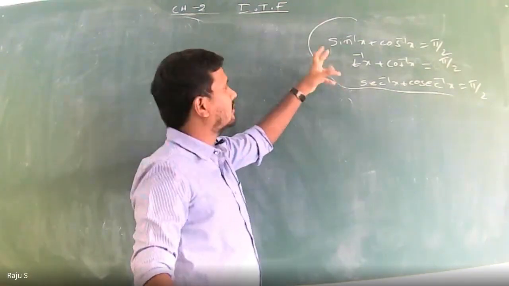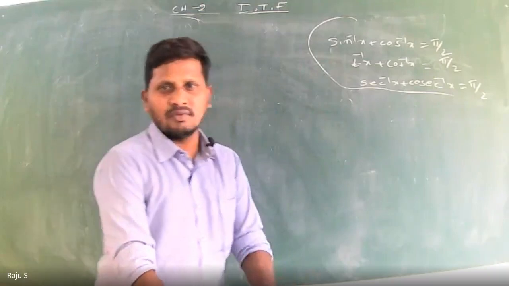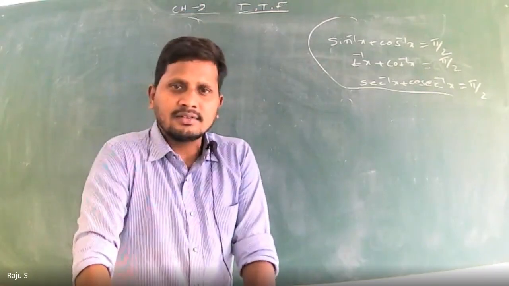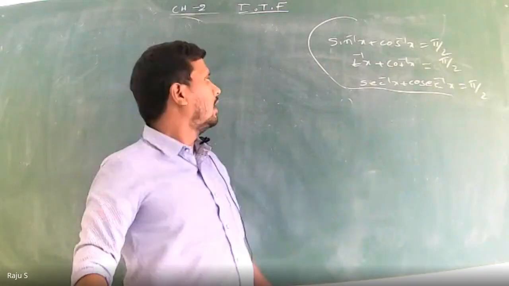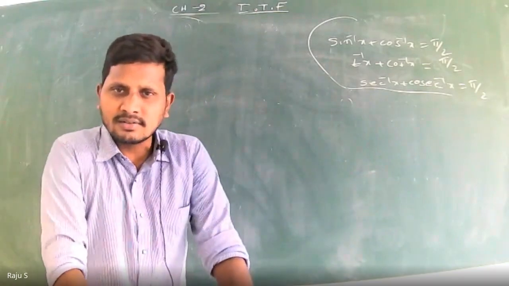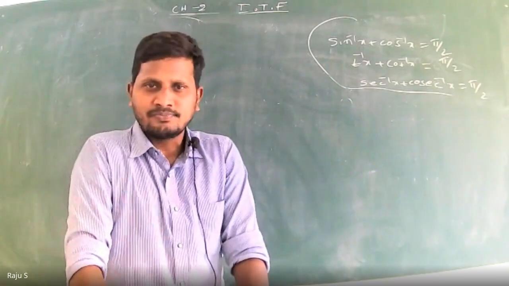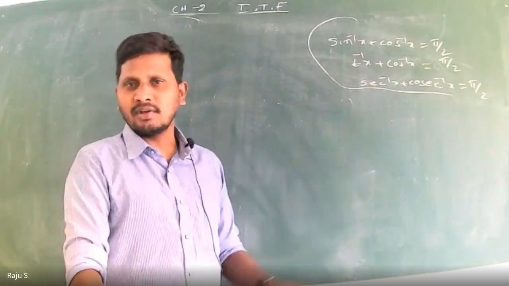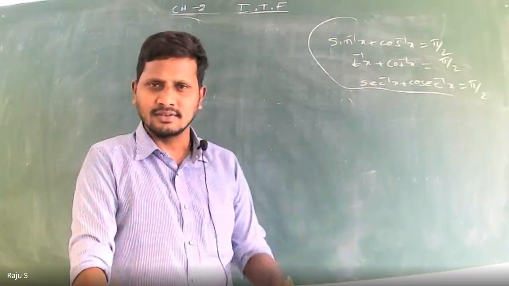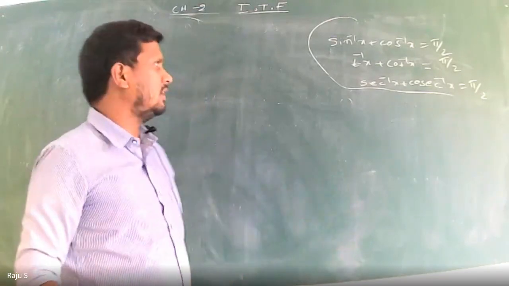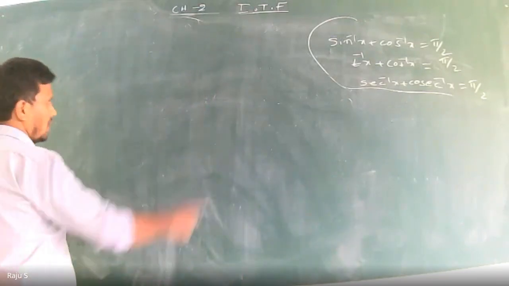Sometimes they may ask, as they did in JEE, an integral of sine inverse x plus cos inverse x. Sine inverse plus cos inverse is clearly pi by 2, so you can write pi by 2 into 1, and the integral of 1 is x. So you have to remember.